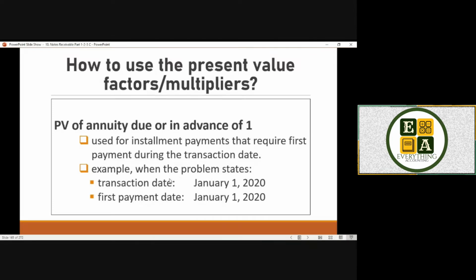So, for example, an annual payment, from January 1 to December 31, that is ordinary annuity. But if the transaction date and first payment date is the same, like January 1, 2020, both transaction and first payment date, then the present value of annuity due or in advance of 1 will be used.